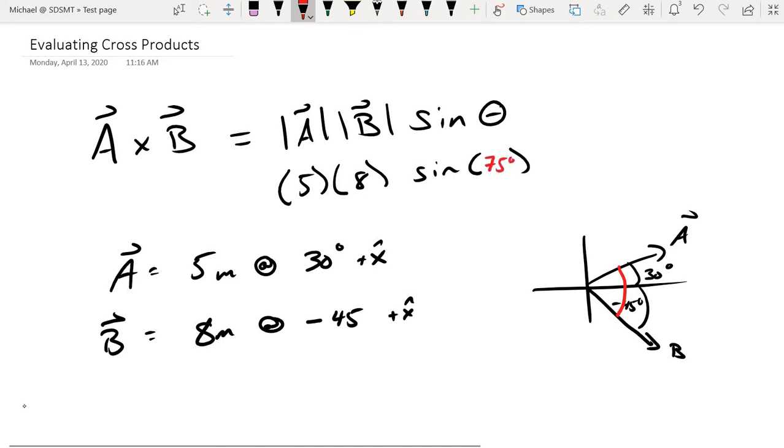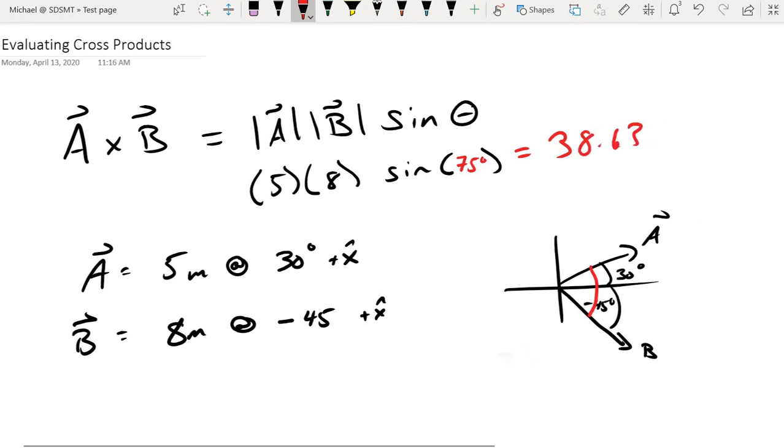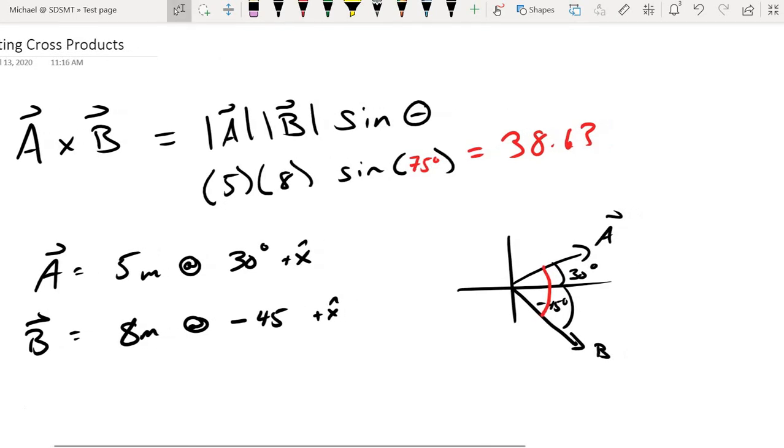And so that would have to go into our expression there, and then we could plug all of that into our calculator. 5 times 8 is 40, and then sine of 75 degrees. This would give us an outcome of 38.63. And that's how we're going to evaluate the magnitude of this cross product.